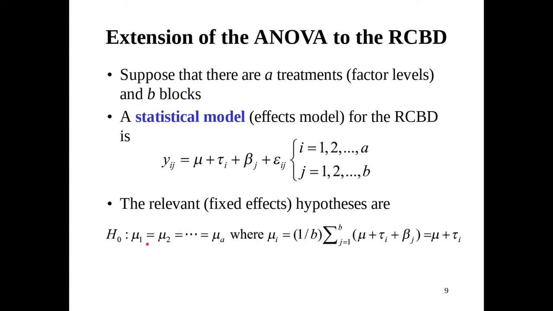And the hypothesis is mu1 is equal to mu2 is equal to ... is equal to mu sub a. In our case, mu1 is equal to mu2 is equal to mu3 is equal to mu4. That means the mean hardness testing result for tip 1 is equal to that for tip 2, is equal to tip 3, is equal to tip 4.